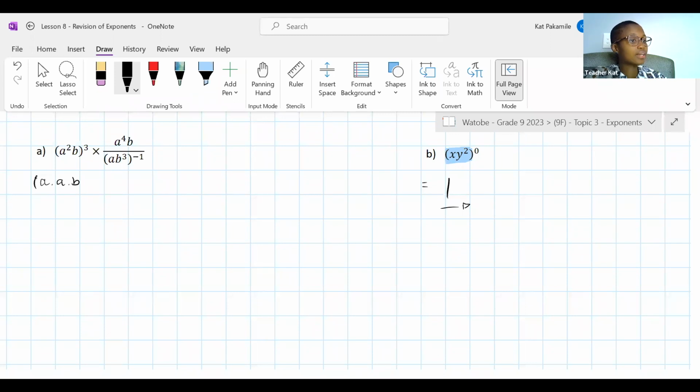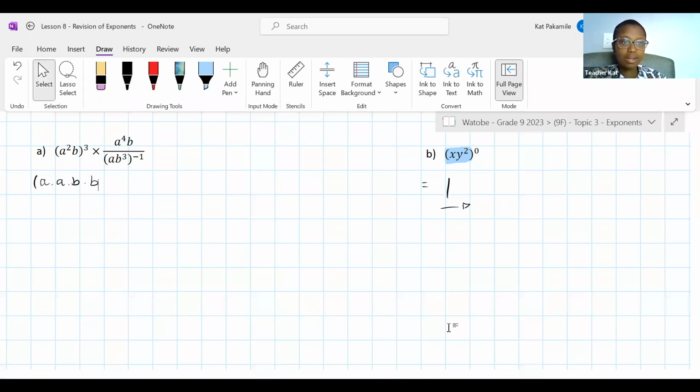And then times B. Where do we get B? Okay, let me just trust the process. Yes. And then since B is at the outside bracket of 3, the power of 3, I'm thinking it's 3b. So B times B and times another B.